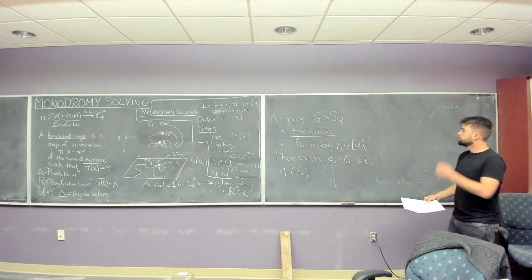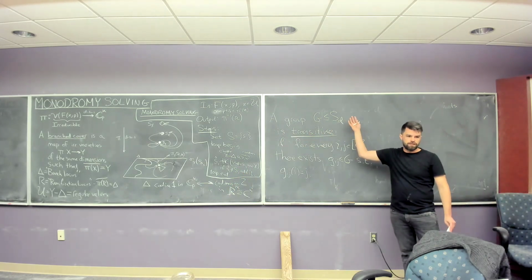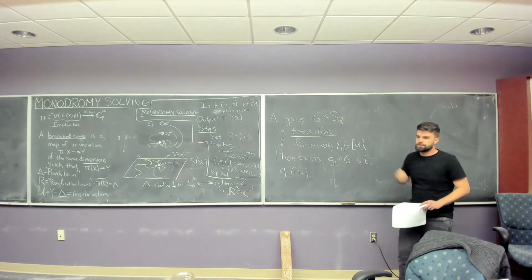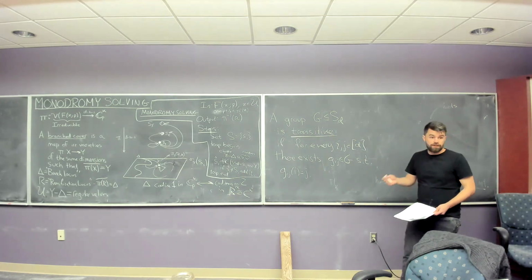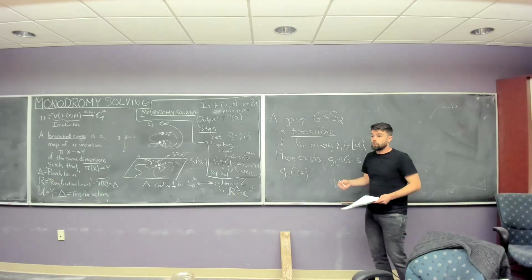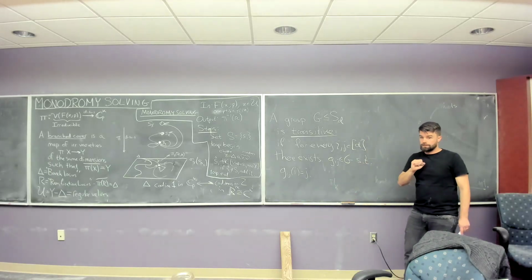Equivalently, whenever you have a subgroup of the symmetric group, you can think of it as a group acting on a set via permutations. Now that you have a group action, you can talk about orbits. Transitive groups are groups with one orbit.